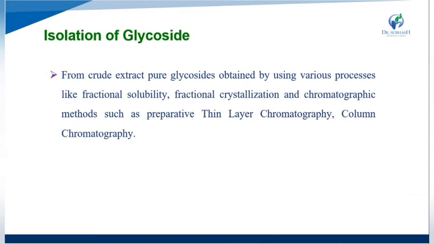Now we see the isolation of the glycoside. From the crude extract, pure glycoside is obtained by using various processes like fractional solubility, fractional crystallization, and also chromatographic methods. These three methods are used for the isolation of the glycoside.